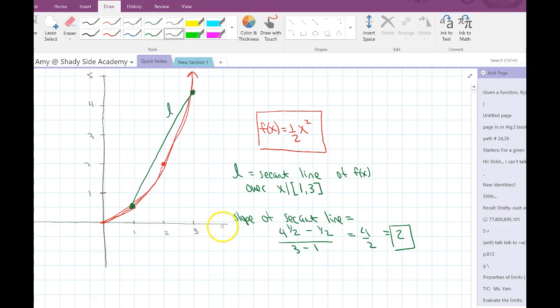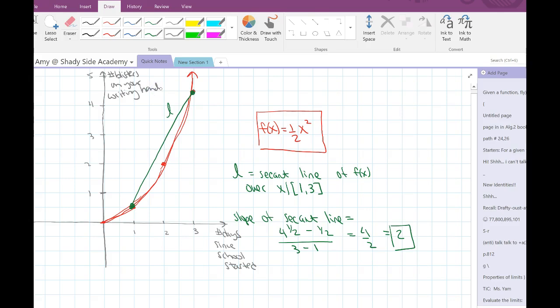Let's say that the horizontal axis is the number of days since school started, and let's say the y-axis is the number of blisters on your writing hand.